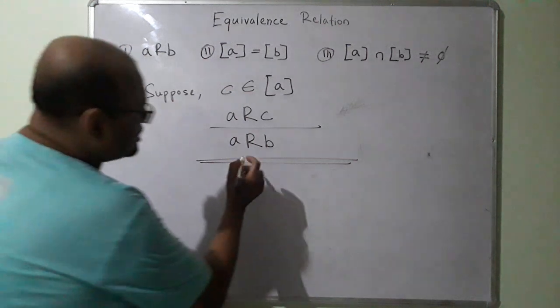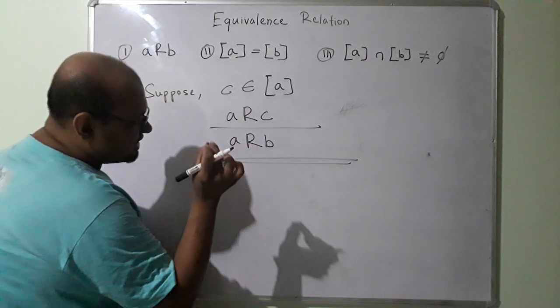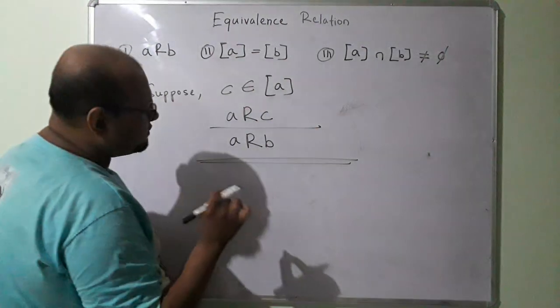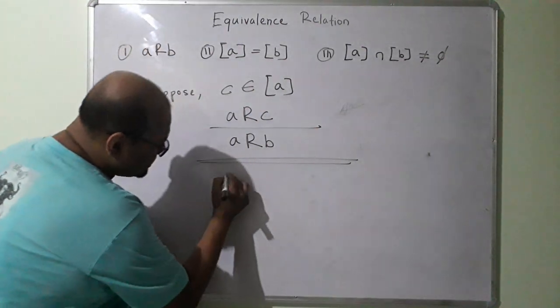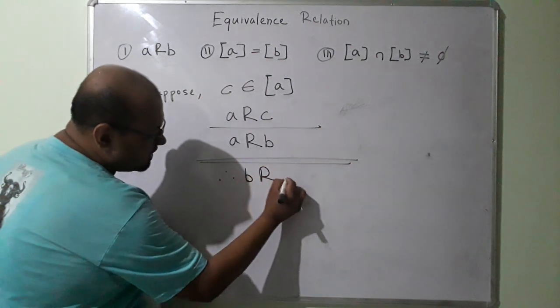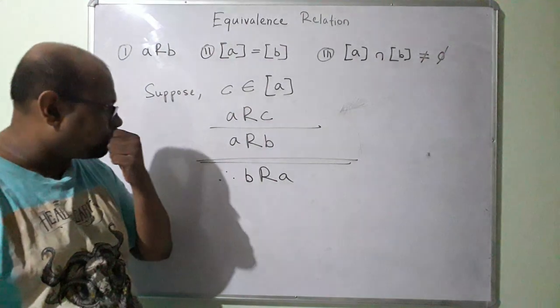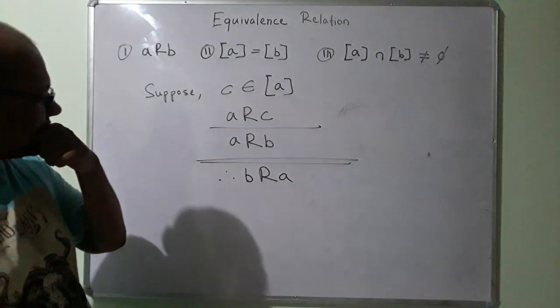So (a, b) belongs to the relation, right? And this relation R is what? It is an equivalence relation. Therefore, it is symmetric. And because it is symmetric, I know (b, a) belongs to the relation.